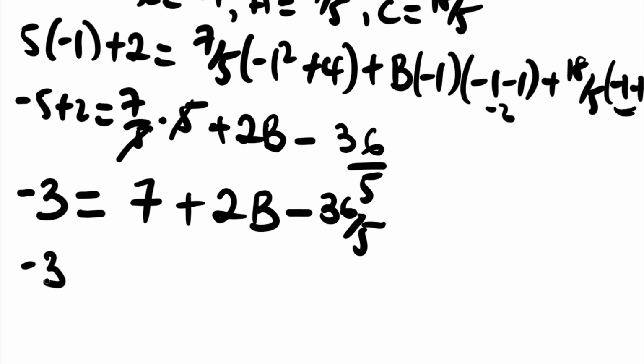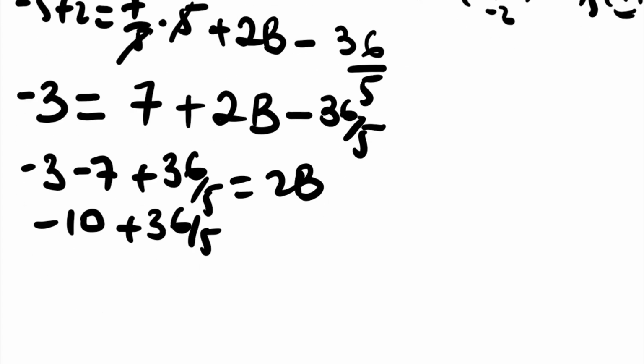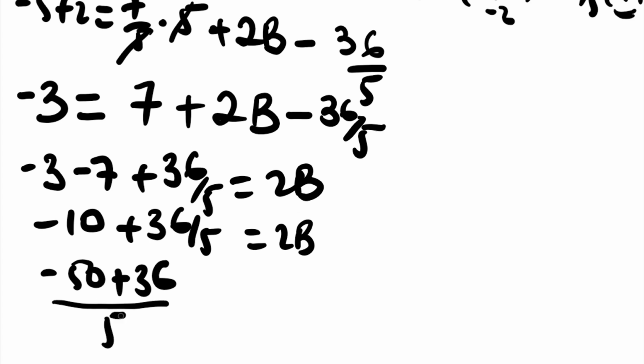So I have negative 3 minus 7 plus 36 over 5 equals 2b. So I have negative 10 plus 36 over 5 equals 2b. So this one is going to be negative 50 plus 36 over 5 equals 2b.